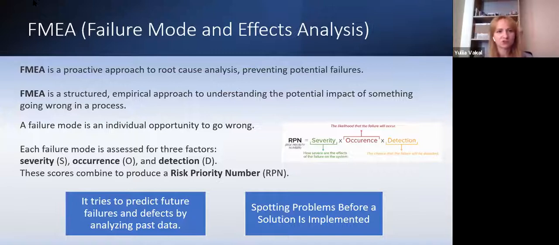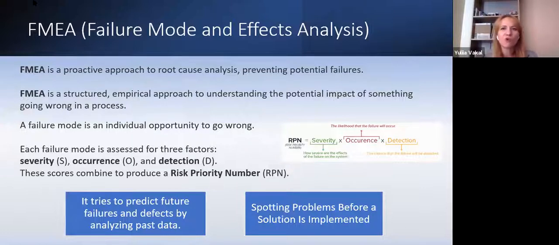Basically, a failure mode is anything which could go wrong. Again, it's kind of like the factors we saw in root cause analysis. For each failure mode, three factors should be assigned: severity, occurrence, and detection. Severity represents how bad the impact of the failure would be, ranging from 1 to 10 roughly: 1 when it's not really important, and 10 when it could have a big impact.